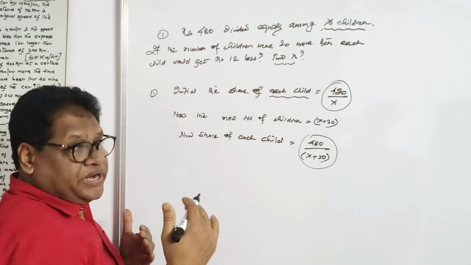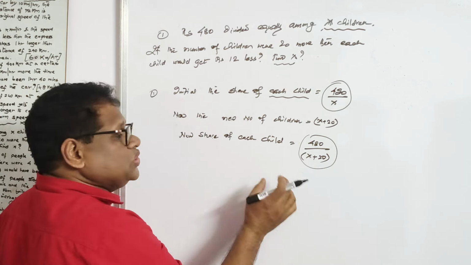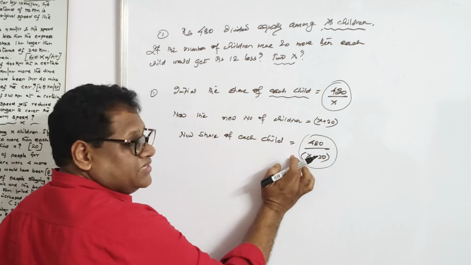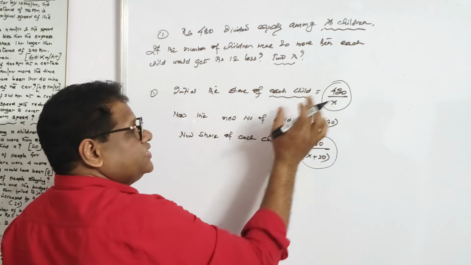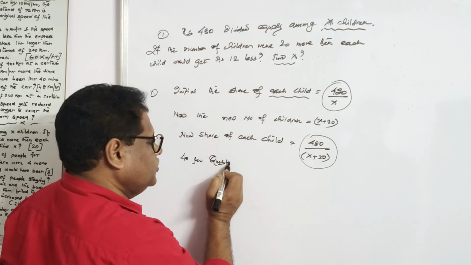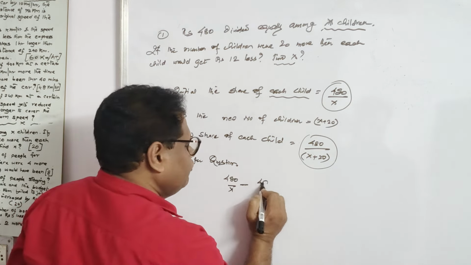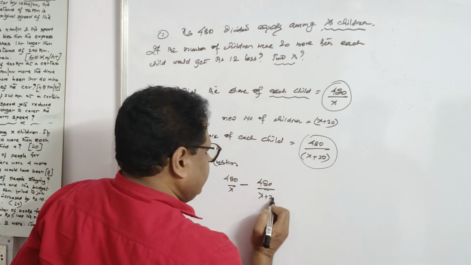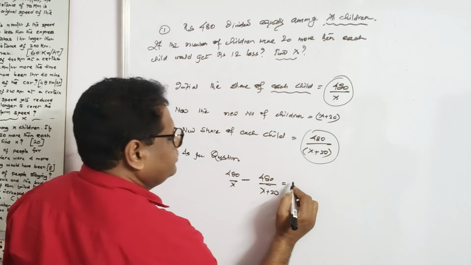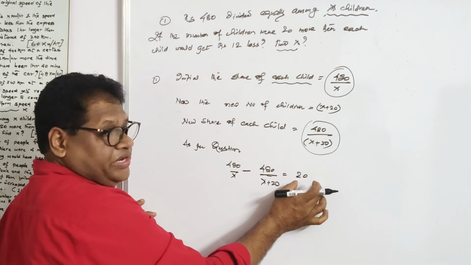Now, as we compared in speed questions, when the speed increases, the time reduces. Here also, when the number in the denominator increases, the value of this becomes lesser. So here we can say, as per the question, 480 by x minus 480 by x plus 20 equals, now each child is getting 20 less, that means the share of each child is less by rupees 20.